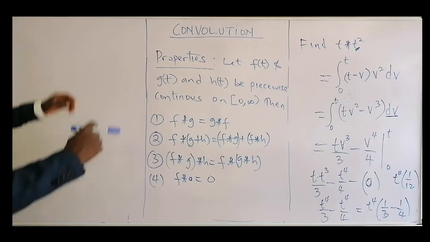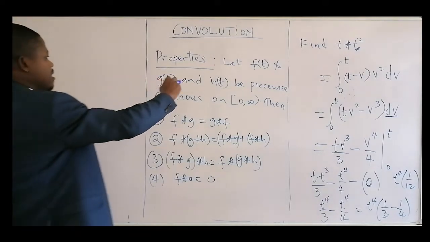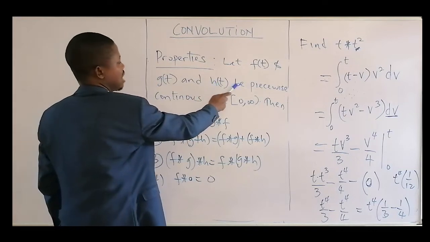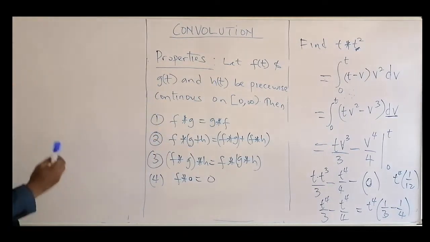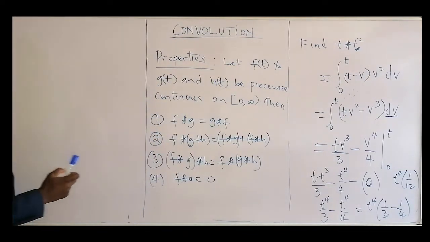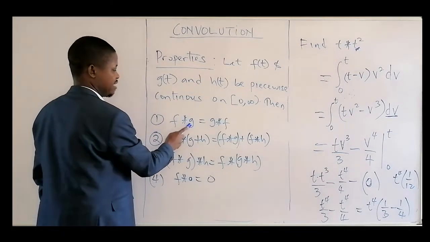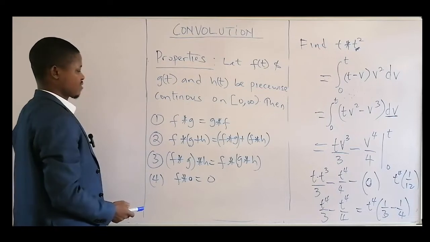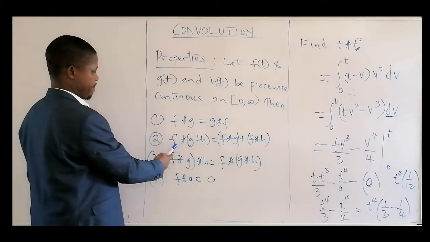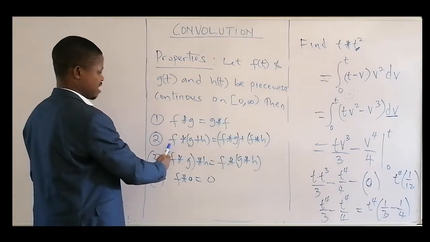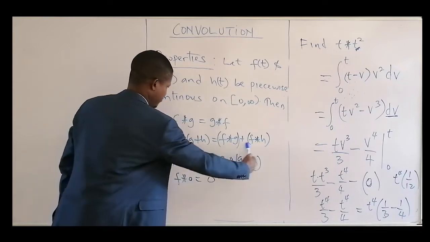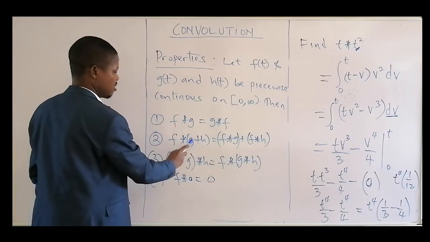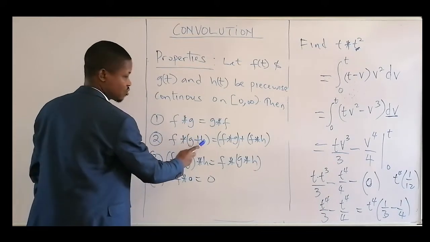Now we're looking at the properties. If f(t), g(t), and h(t) are piecewise continuous on that interval, then this is equal to this, and this one also equals this, like a distributive property: this one with this one plus this one with this one.